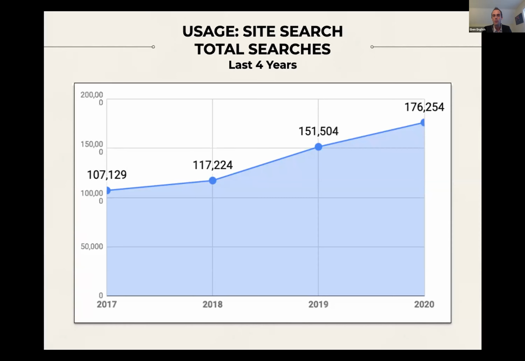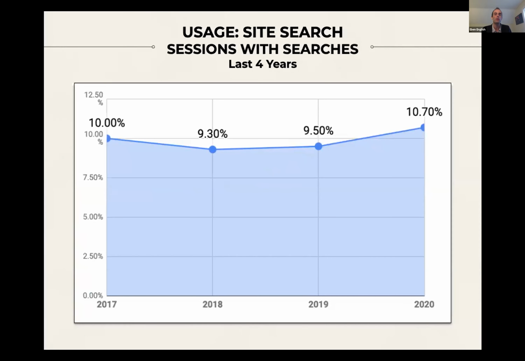But the number of sessions that include a search is actually at its highest it's been in the past 4 years, but not a huge difference over the past few years. Again, we have 10-11% of people conducting a search, which means 89% of people are not using the site search. So we'd like to see engagement with that get a little bit higher.